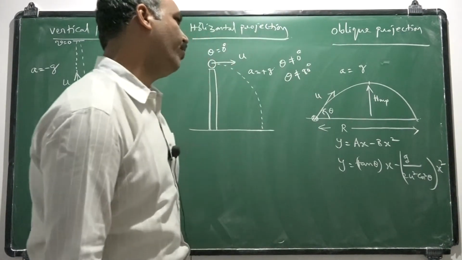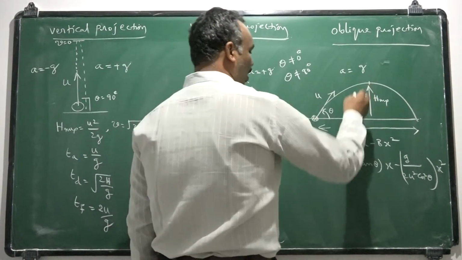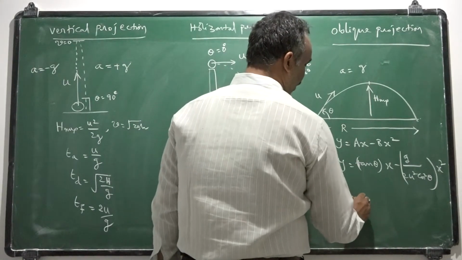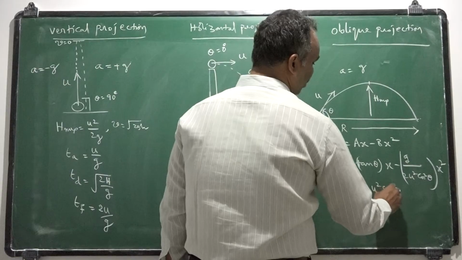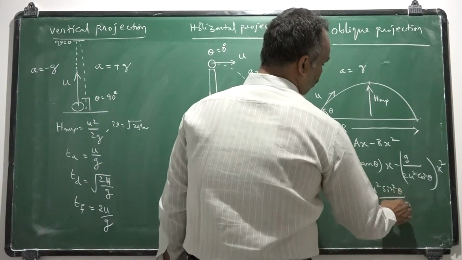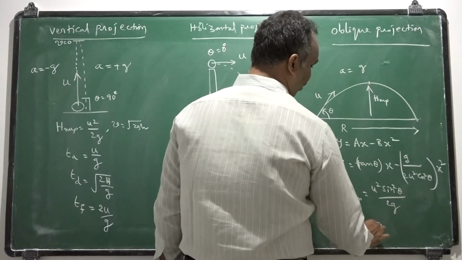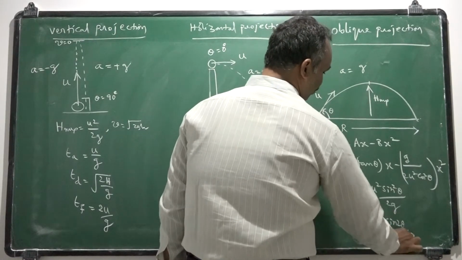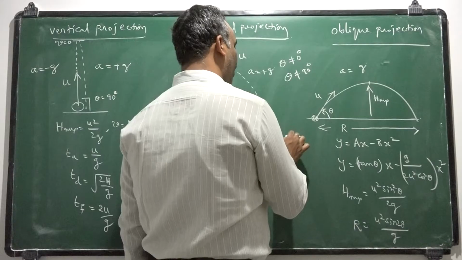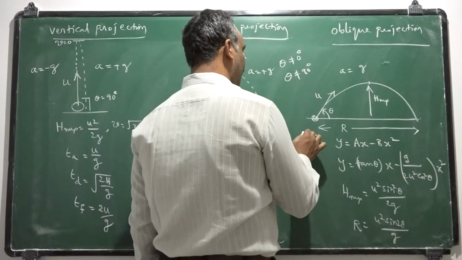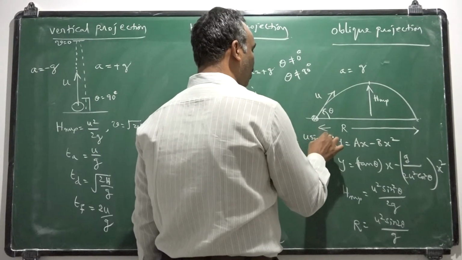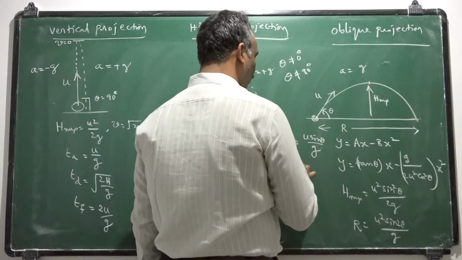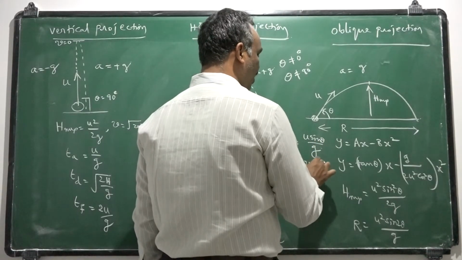And here if you derive the formula for maximum height, it is given by u square sin square theta by 2g, and if you derive the formula for range, u square sin 2 theta by g, and for time of ascent, that is u sin theta by g, and time of flight 2u sin theta by g.